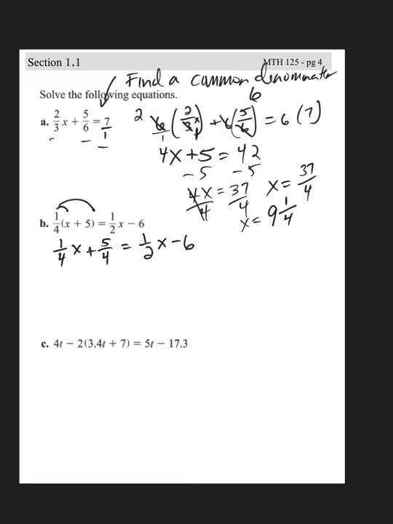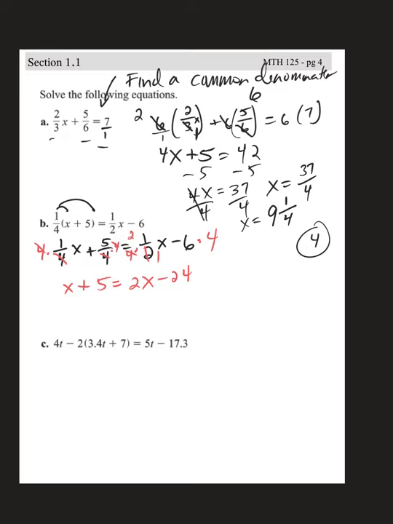My common denominator is going to be 4. So I'm going to multiply each piece by 4. I can cross cancel the 4's here, cross cancel the 4's here. 2 becomes 1. This gives me x plus 5 equals 2x minus 24.